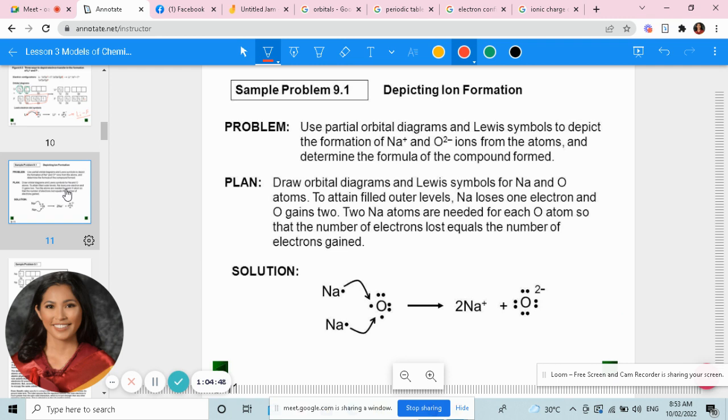Now, in the case of sodium oxide, we have Na+ and O2-. If I ask you to write the chemical formula of sodium and oxygen, we have first sodium. Take note of the charge. What's the charge? Positive 1.